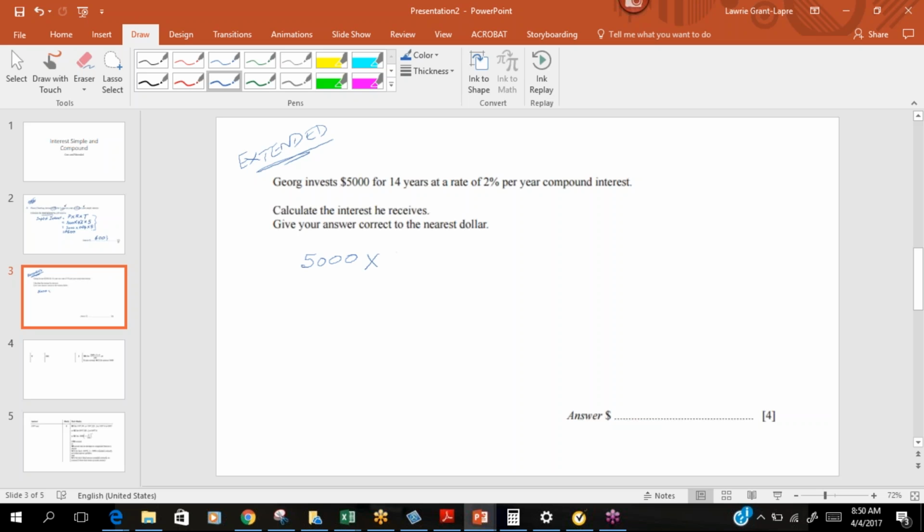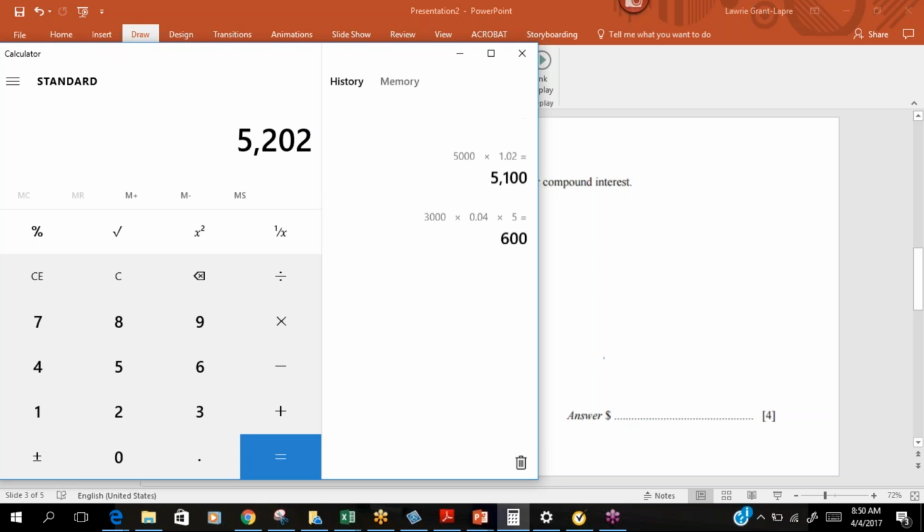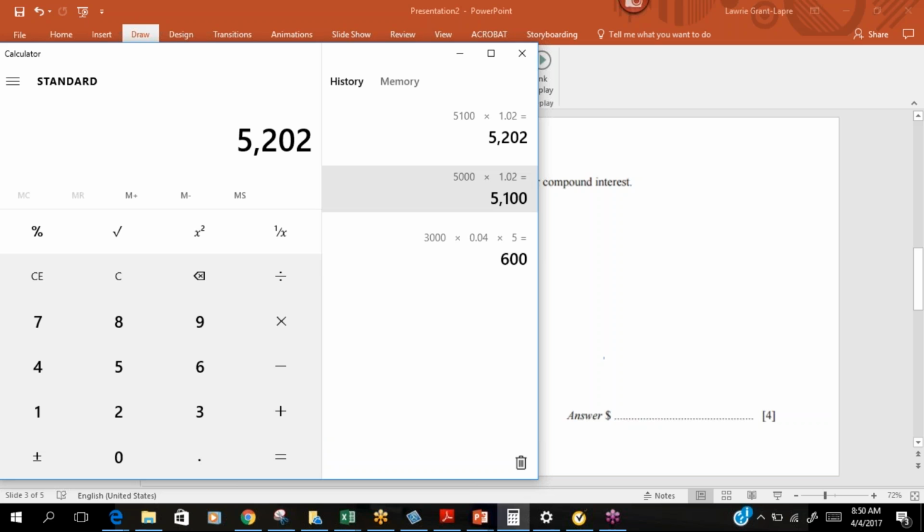So if you times that by 1.02, then you will get what he gets after 1 year. 5,000 times 1.02. Notice when I pressed it the second time, it took the answer and multiplied by 1.02.